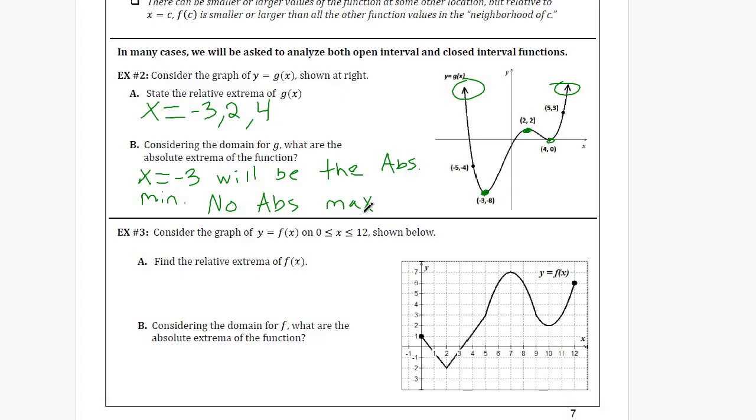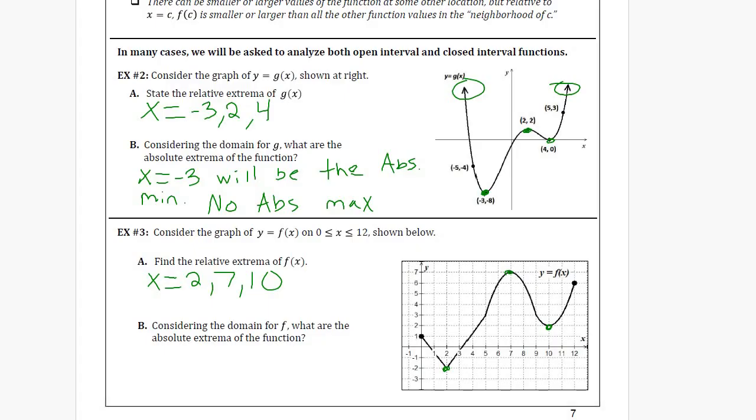Now that changes a little bit on our next one. Notice that we do have endpoints on this. We stop at (0, 1) and (12, 6). Again, looking for the relative extrema, remember that our relative extrema cannot be at endpoints. So we are looking at x equals 2, 7, and 10.